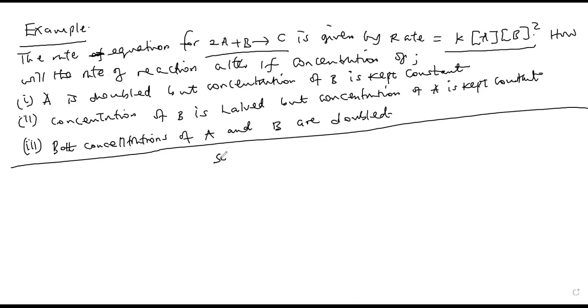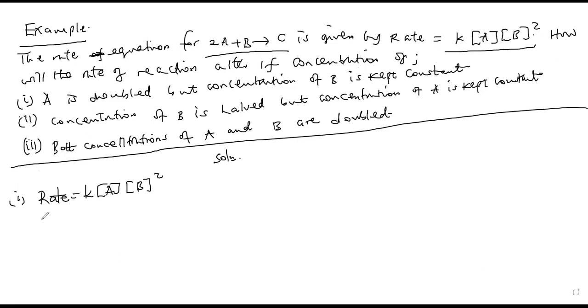So we are going to solve this by calculation. For Roman 1, remember, your given rate is equal to K times concentration of A times concentration of B squared. So if they double A and keep B constant, what does it mean?